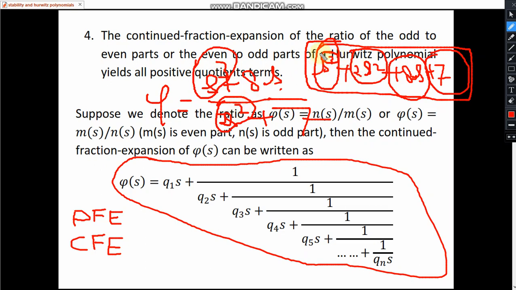If the highest power is even, then we find out the ratio even upon odd, because this power should be greater than this power. Okay, then it is easy. It is not necessary. Okay, we can also have 2s square plus 7 divided by s cube plus 8s, but then instead of having this s here, we will be having 1 upon s. Okay, but this is easy, so that's why we assign like this.